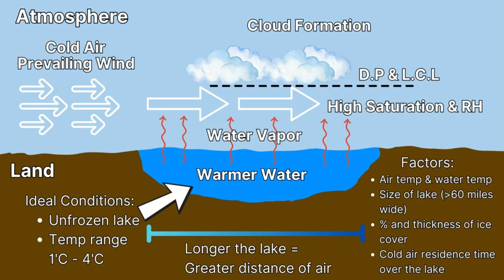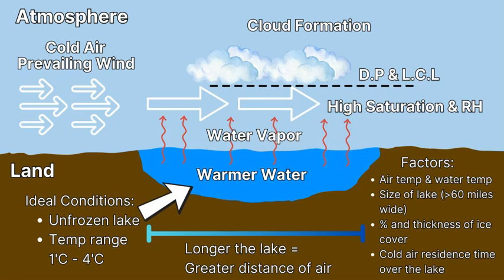You need certain factors that are present over this lake to create lake effect snow. So you have that cold continental air mass moving over the lake from the land, which is generally drier and cold, and the water in the lake ranges between 1 degree and 4 degrees. So it's cold, but it's mostly unfrozen. You might have some ice accumulation on the surface, but you have this stark difference in temperature between the lake and the air.